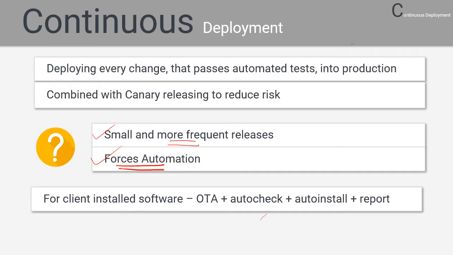Right? This sounds very interesting, and it seems very promising, although this is quite difficult in the case of client installed applications. For example, assume that you are using the online version of Microsoft Office 365.